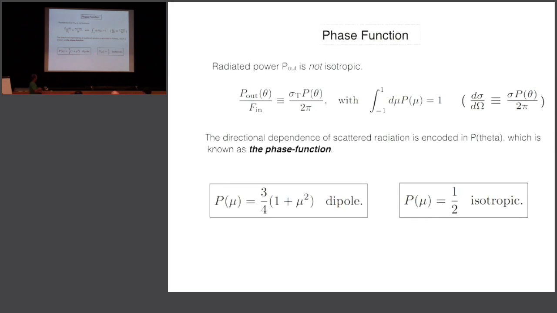If you normalize it properly, you get this prefactor of 3 over 4, so P of mu is 3 over 4 times 1 plus mu squared. That's exactly the 1 plus mu squared I was describing earlier. To contrast this with isotropic scattering, that would just be 1/2. This would be the case when radiation is scattered completely isotropically in all directions with equal probability.